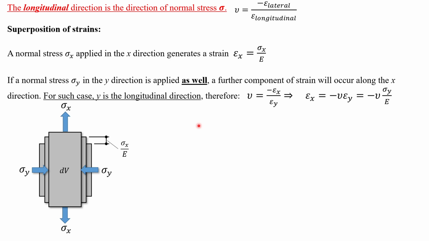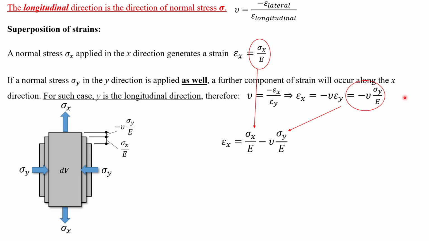Right. Okay. So we can take what we've got here: normal stress applied in the x direction generates strain, and then all we've got here is the strain equals this from that one there, and this because of the stress in the y direction.